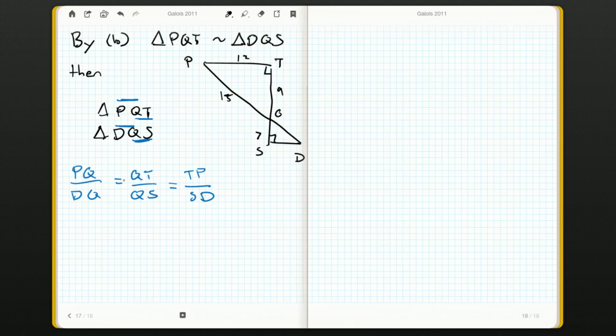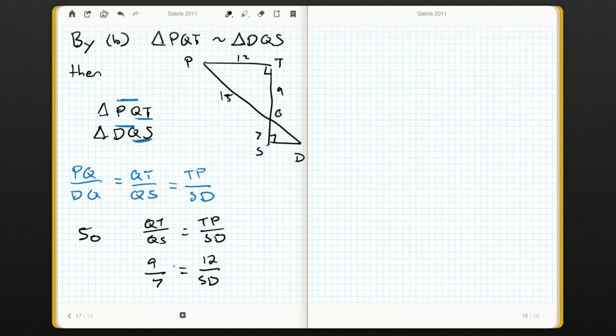And we also know that QT over QS, that's going to be 9 over 7. So QT over QS is TP over SD. That's 9 over 7 is going to be the same as 12 over SD.